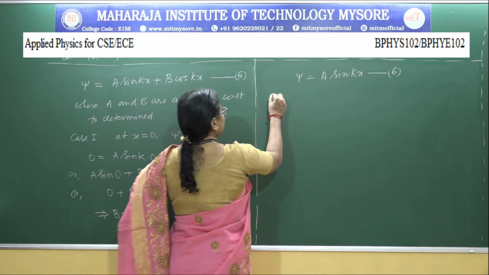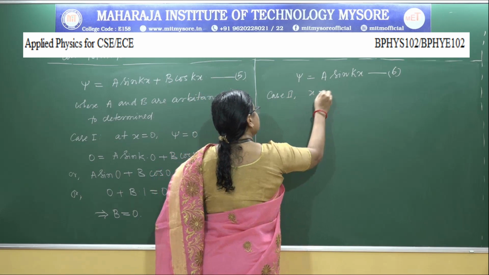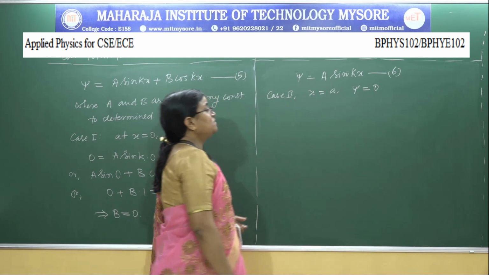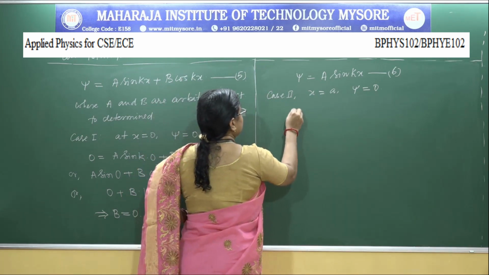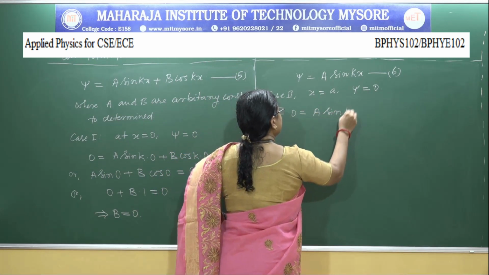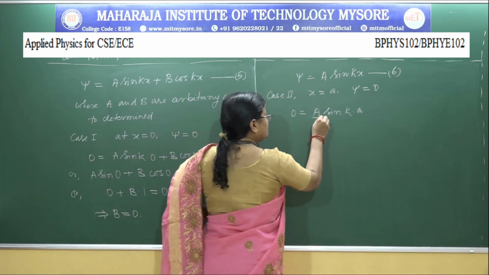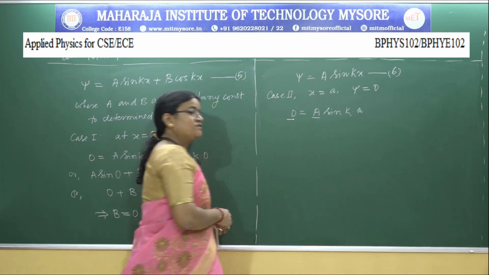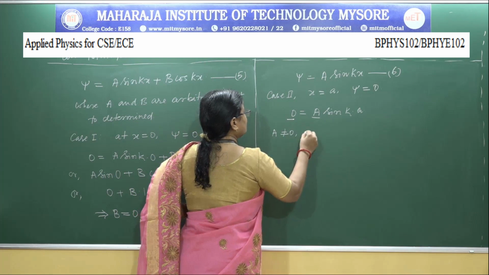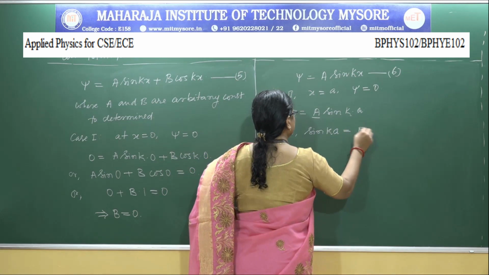Now, we will take the second boundary, x = a, ψ = 0. We get 0 = A sin k a. As the amplitude of the wave function cannot be 0, A cannot be 0, so what we take is sin ka = 0.